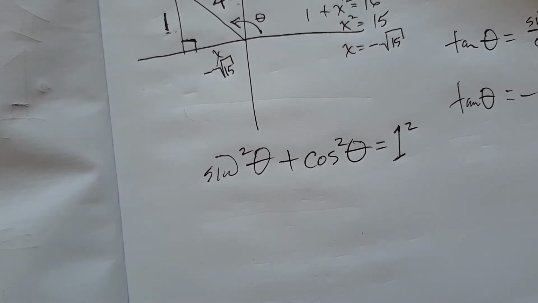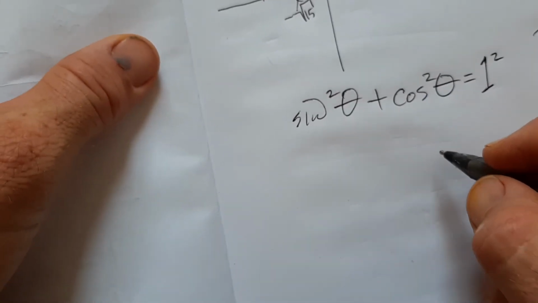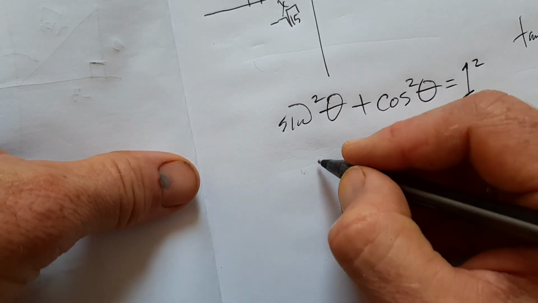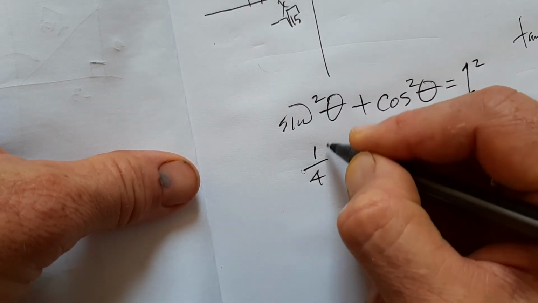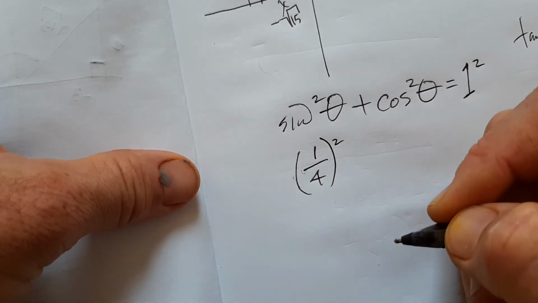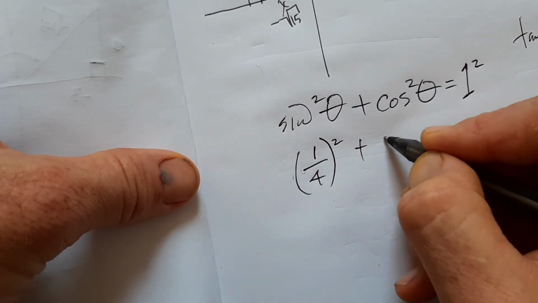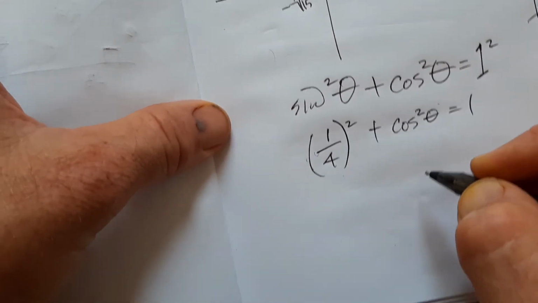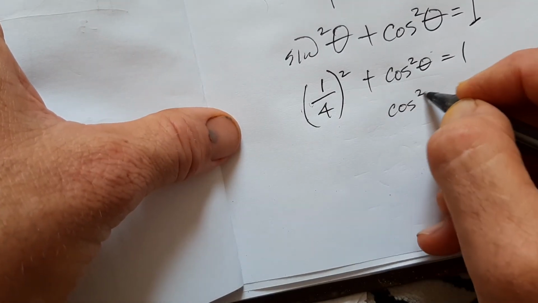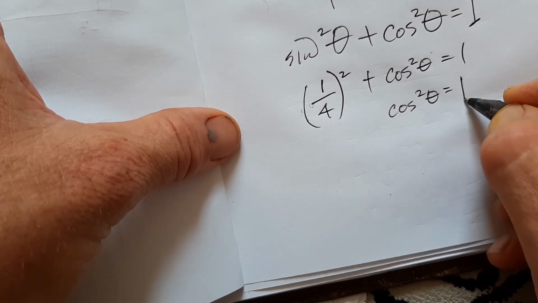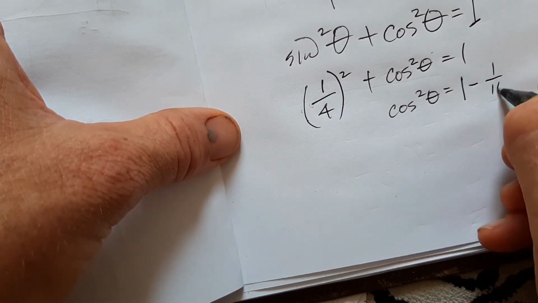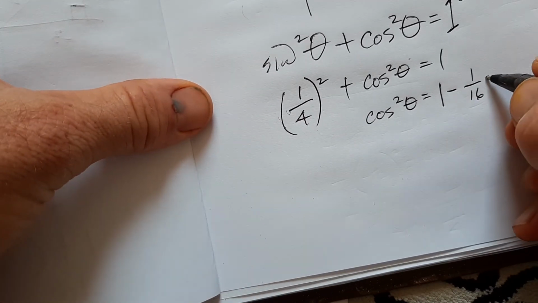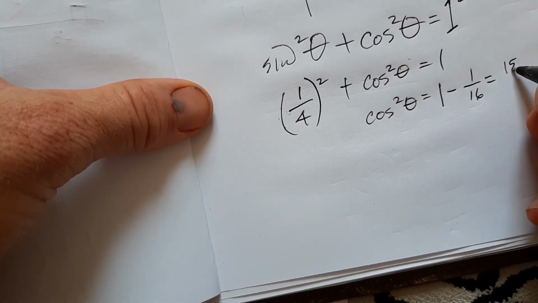All right, so what can we do now? We were given sine, so we just substitute in. We could do 0.25, but let's go with 1/4 squared. Sine squared theta plus cosine squared theta equals 1. Cosine squared theta equals 1 minus 1/16, which equals 15/16.